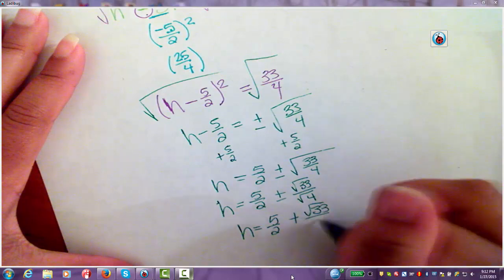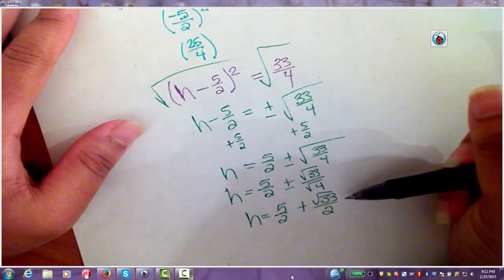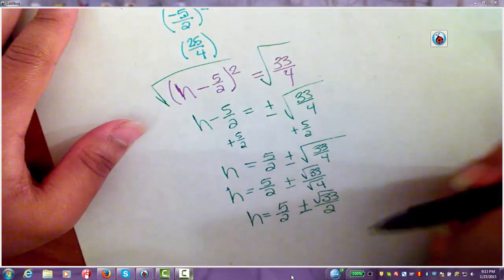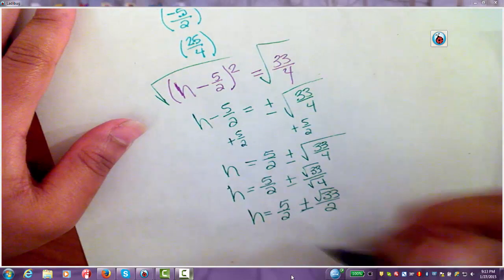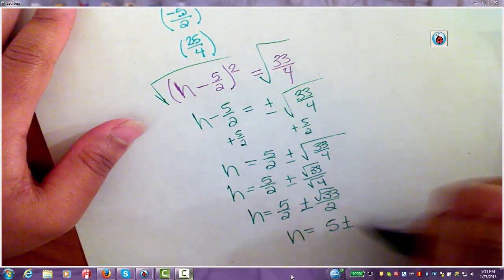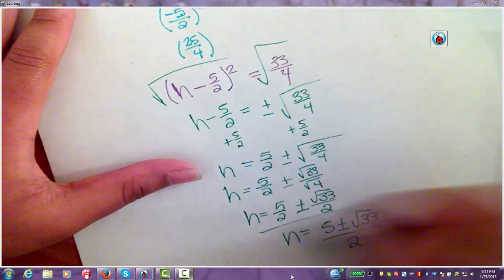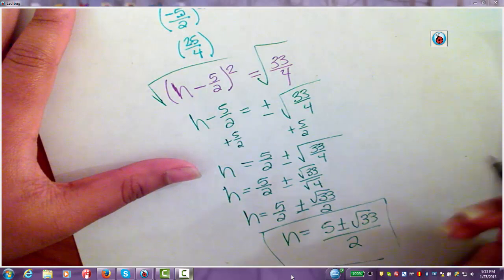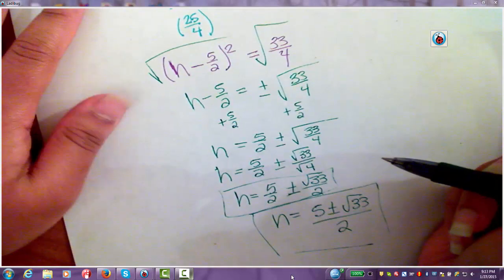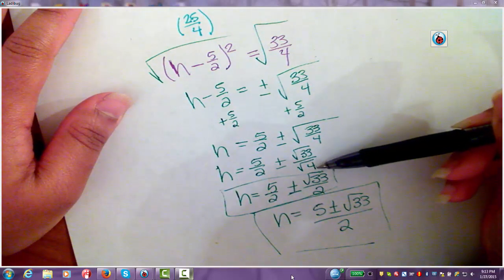So if you wanted, you could write it as h equals 5 plus or minus the square root of 33 over 2. So this way or this way is acceptable. But make sure you simplify, because square root of 4 does simplify to 2.